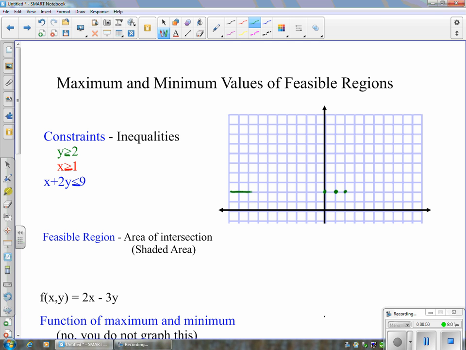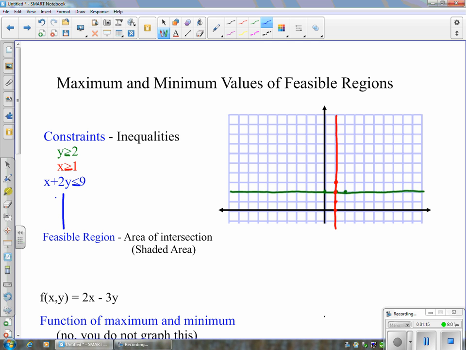So this whole line is the first equation. Second equation, x is greater than or equal to 1. So no matter what, over 1, up and down, anything.